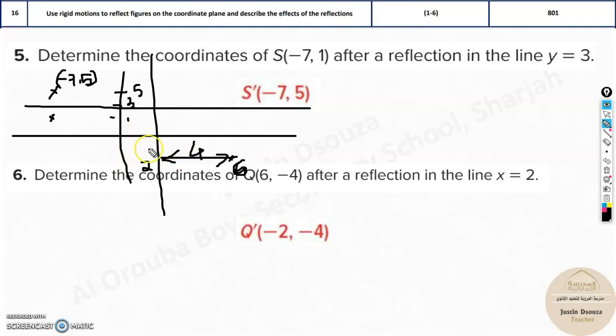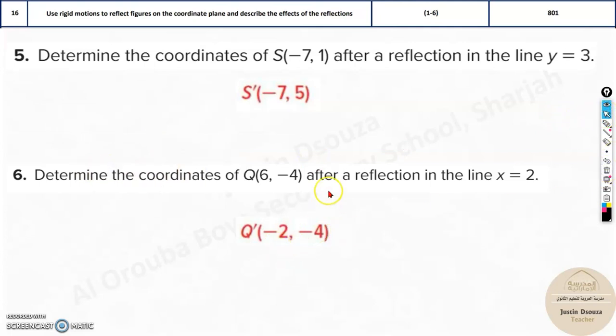So go back by 4: 1, 2, 3, 4 will be at minus 2. The x value changes, see, it is at minus 2. The y value will remain the same. So it is minus 2 comma, it is down, so it's minus 4. So it's very, very simple to solve these. Just make sure you understand the graph, or you can easily look into the options and solve.